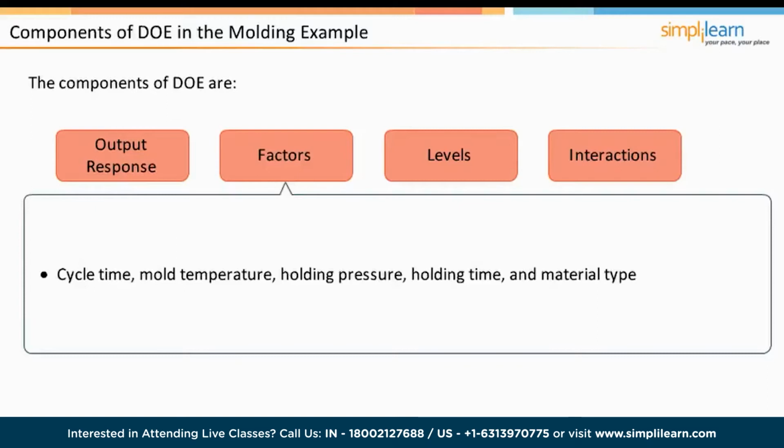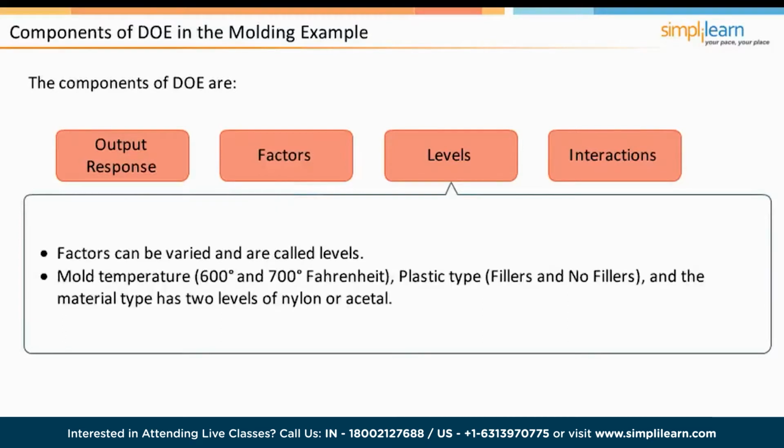Factors of this experimental setup are cycle time, mold temperature, holding pressure, holding time, and material type. Factors can be varied and are called levels. The molding temperature can be set at 600 degrees Fahrenheit or 700 degrees Fahrenheit. Plastic type can be fillers and no fillers, and the material type has 2 levels of nylon or acetal.